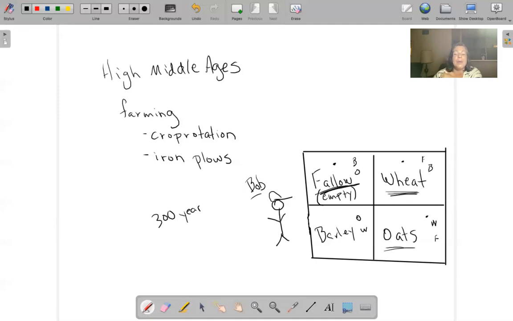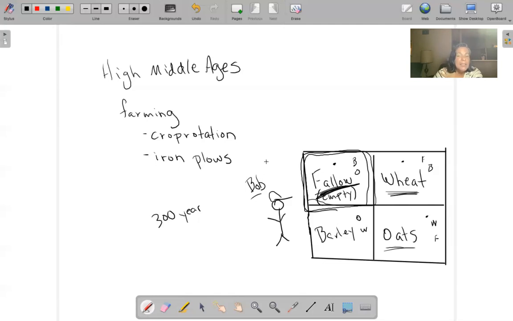And the fallow, the empty land, gives this land an entire season to replenish itself. This one is only using up what the wheat likes. This one is only using up what the oat likes. This one is only using up what the barley likes. And so we're keeping fairly healthy land.